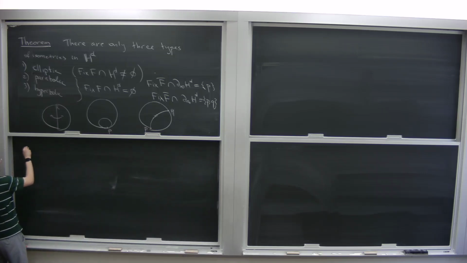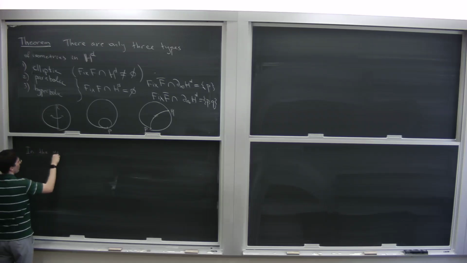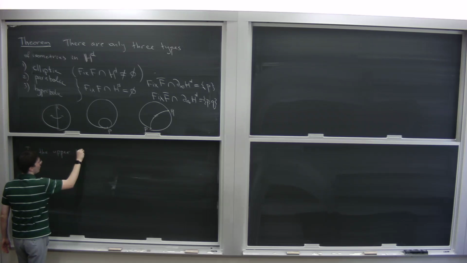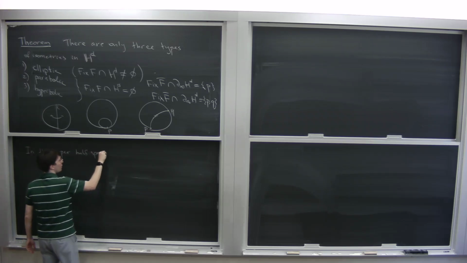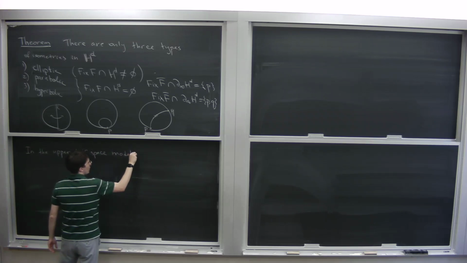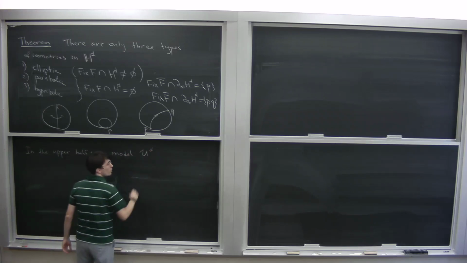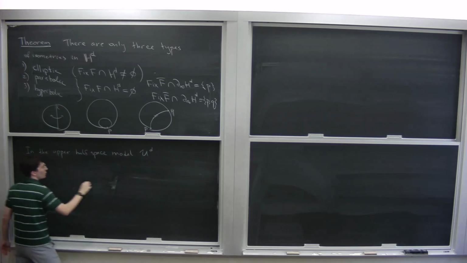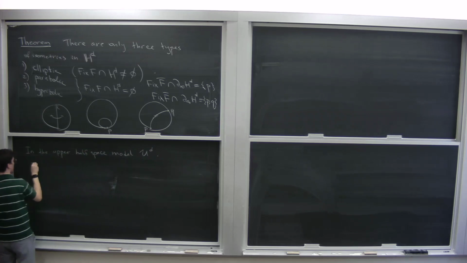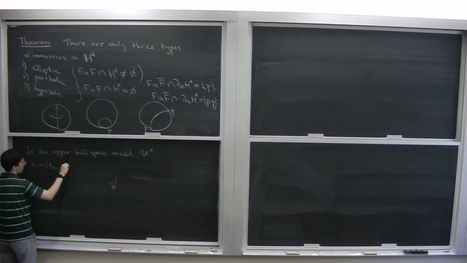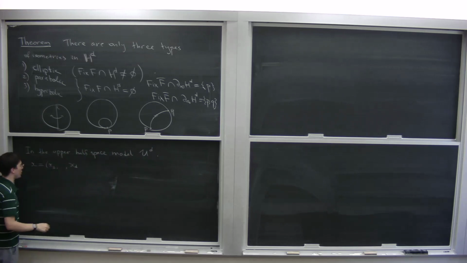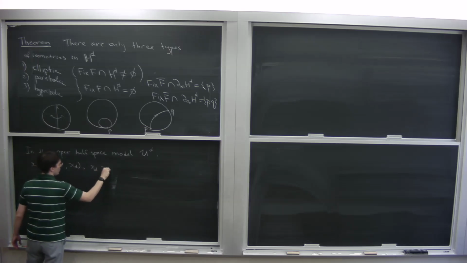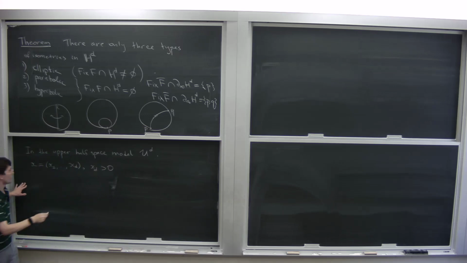In the upper half space model, UD, we consider points X, which is going to be X1 and so on, XD, where XD is a positive number.